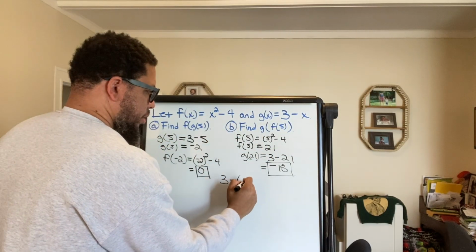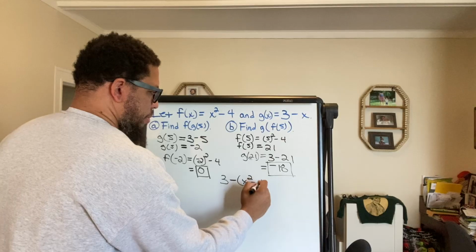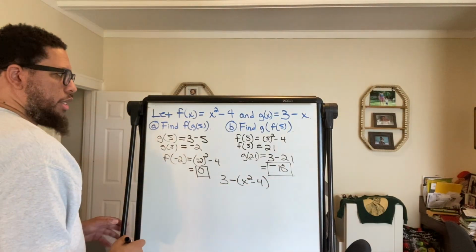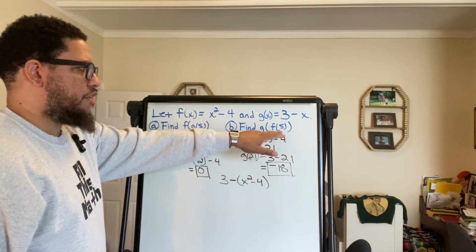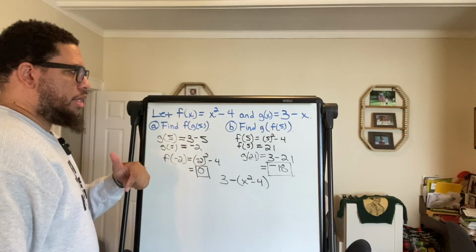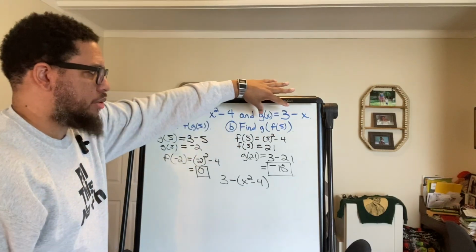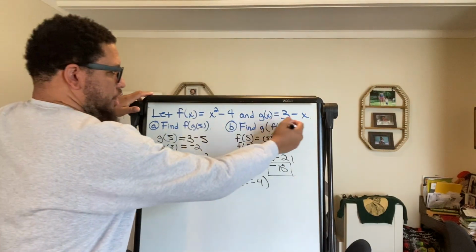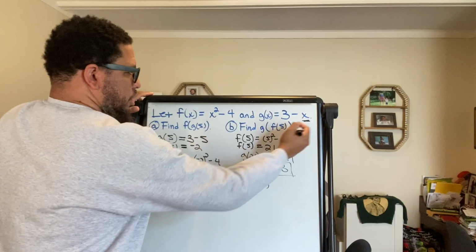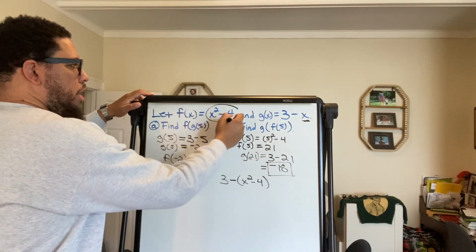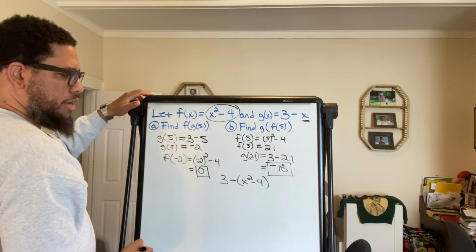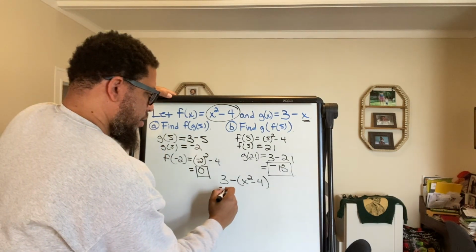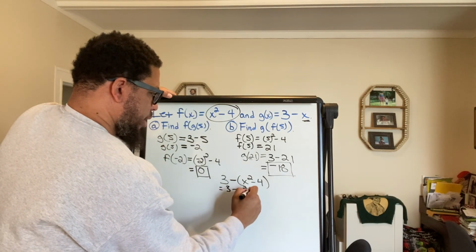So they'll do this: x squared minus 4. So g of f is going to be the g function on the outside, and then inside the g function where the x is, you replace it with this whole expression. So then you end up with 3 minus x squared plus 4.